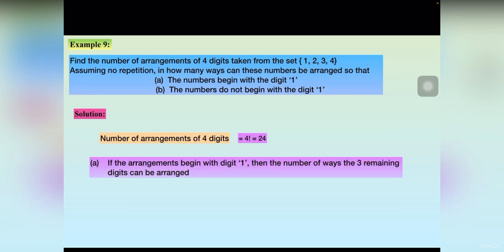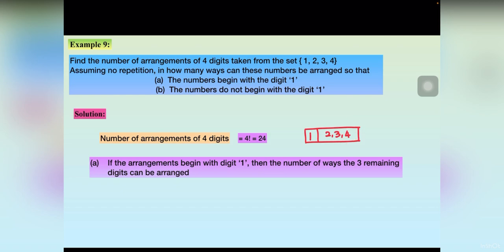Okay? And A, if the arrangement begins with digit 1, then we count the number of ways the 3 remaining digits can be arranged. Alright, this one is fixed to 1, and the number of ways here is 1 also. And this is the rest of the digits, 2, 3, 4.